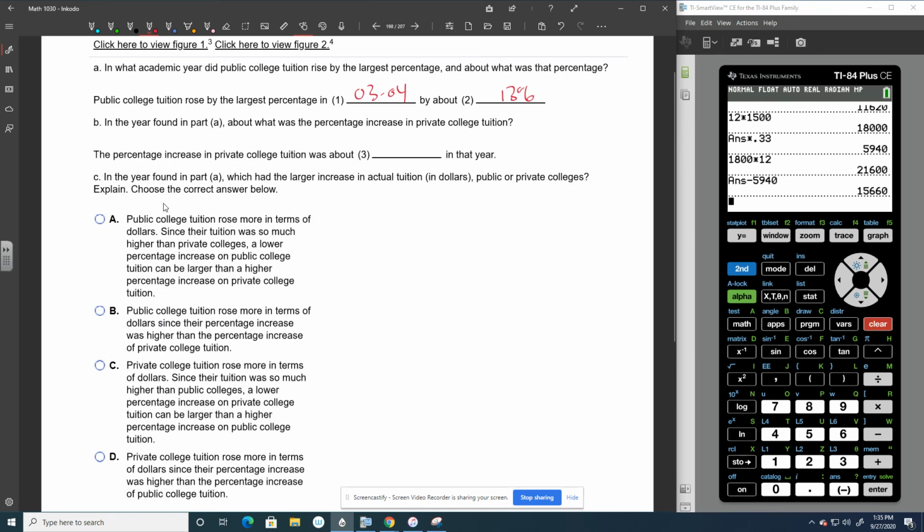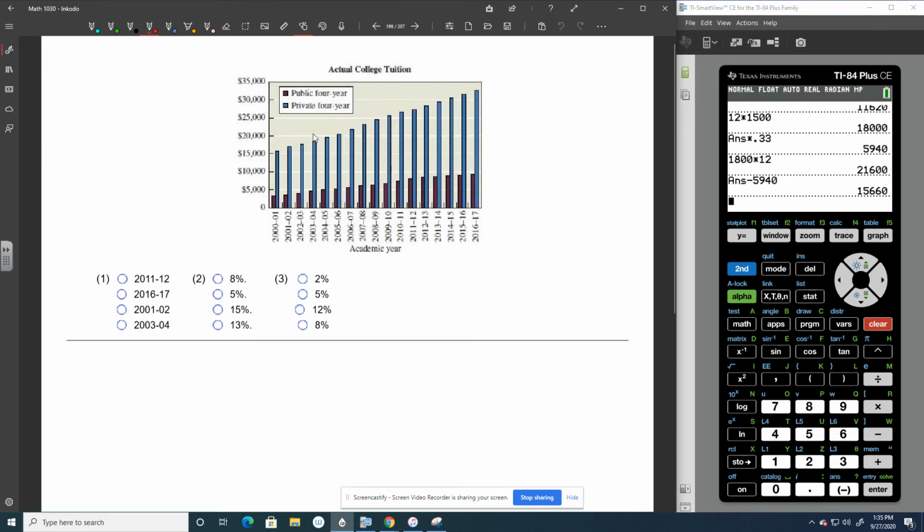And then in the year found in part A, which had the larger increase in actual tuition, public or private colleges? Explain, choose the correct answer. So in that year, which had the larger increase in actual tuition? So if I look at actual tuition, private went up, privates are blue bar, and it went up like $18,000, $17,000, and public only went up, we're right here at 2004.